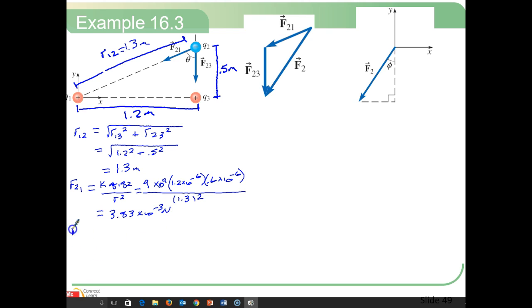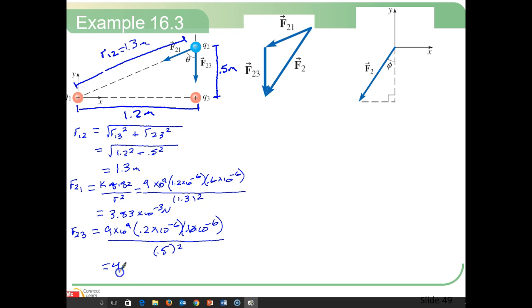We also need to find the force of 3 on 2, so we're going to put F23 here. We know the equation already, so this is 9 times 10 to the 9th, times 0.2 times 10 to the negative 6th, times 0.6 times 10 to the negative 6th, and we divide all that by 0.5 squared because that's the distance between them.